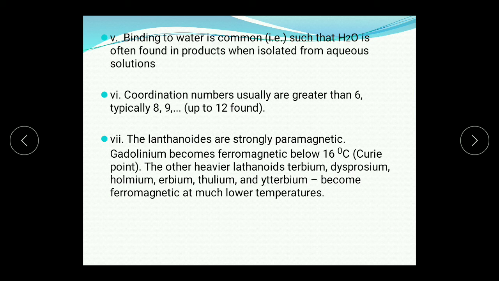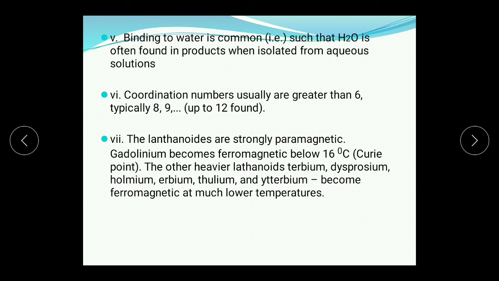This is the reason why these elements are strongly paramagnetic and sometimes ferromagnetic as well. Gadolinium becomes ferromagnetic below 16 degrees Celsius.